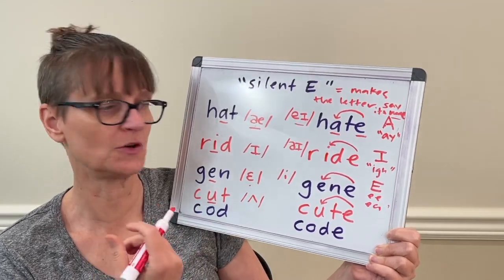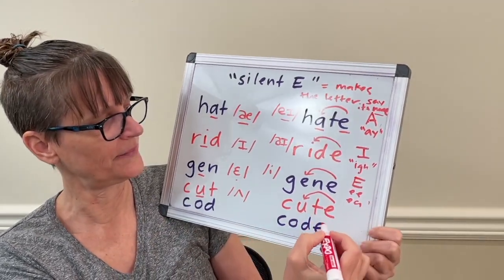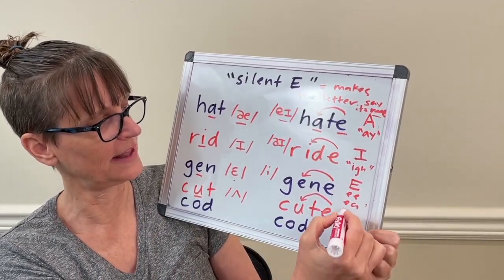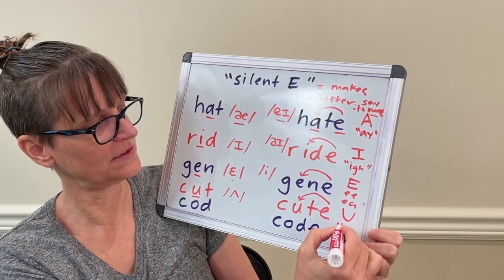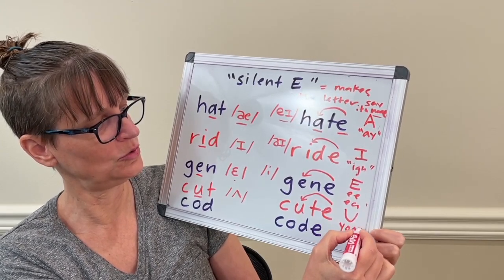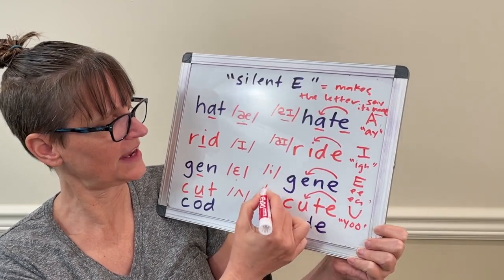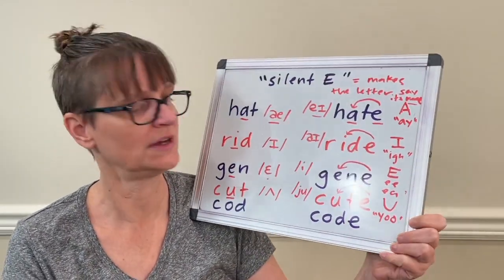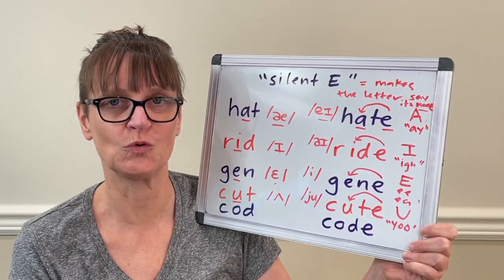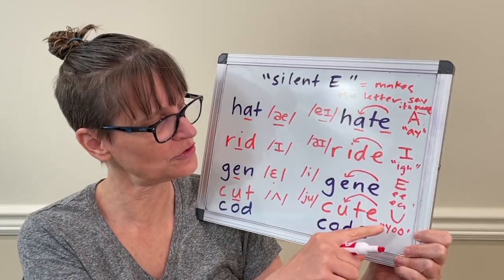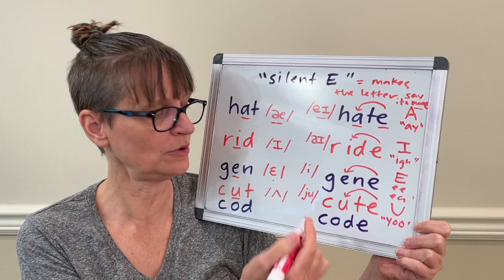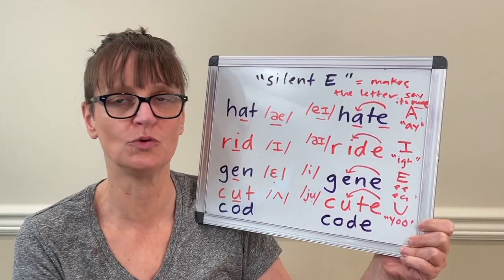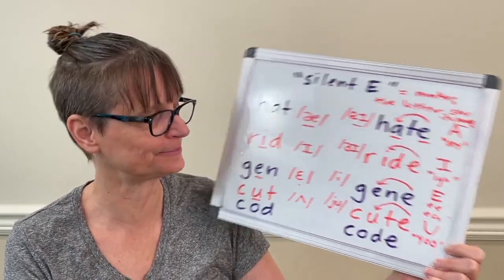Sometimes it might just be the oo sound. In this case, it's a y and an oo, cute. We may have some that just have the oo sound, but it does hold true. I call letter U, U, and that's these two sounds, y and oo together, as in cute.